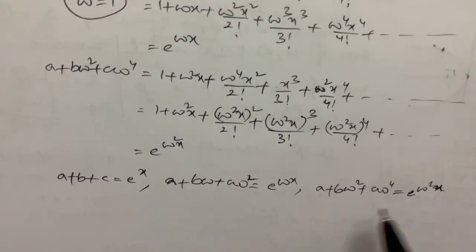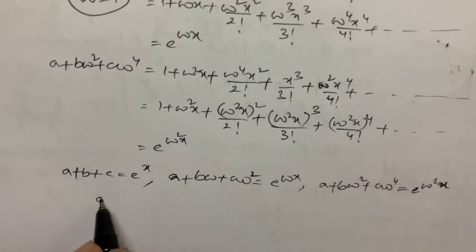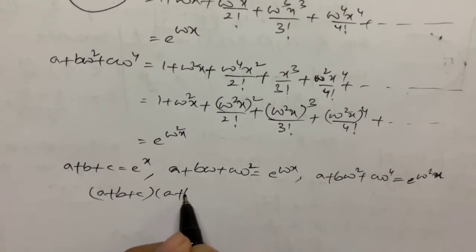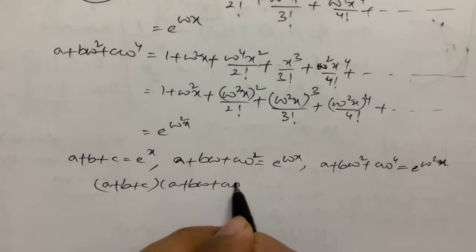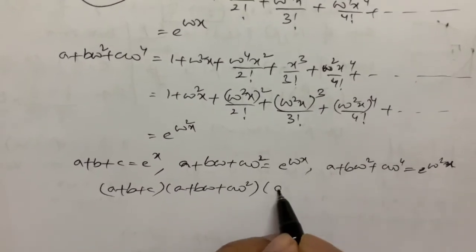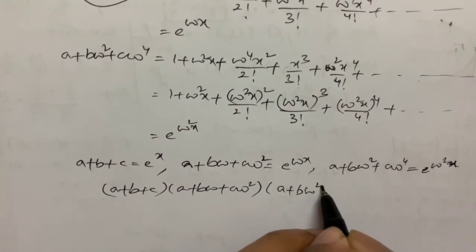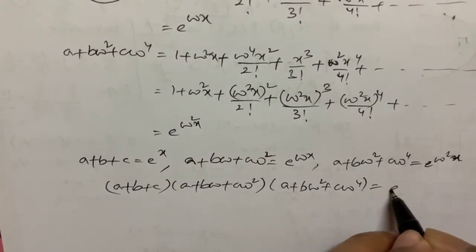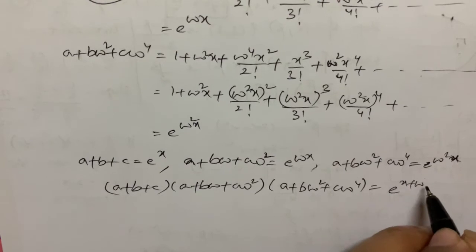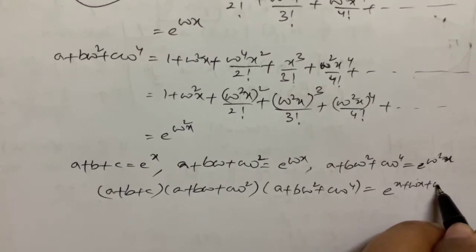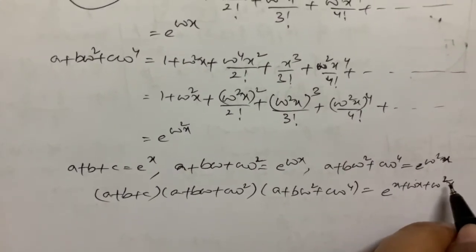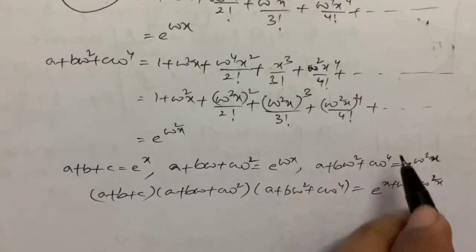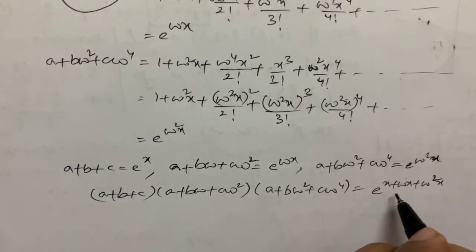If I multiply all these three equations, a plus b plus c, a plus b omega plus c omega square, and a plus b omega square plus c omega power 4 is equal to e power x plus omega x plus omega square x, because a power m into a power n into a power p is a power m plus n plus p.